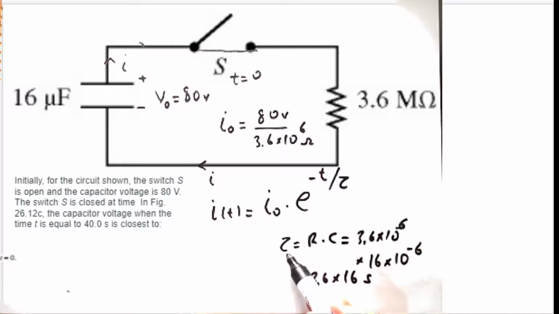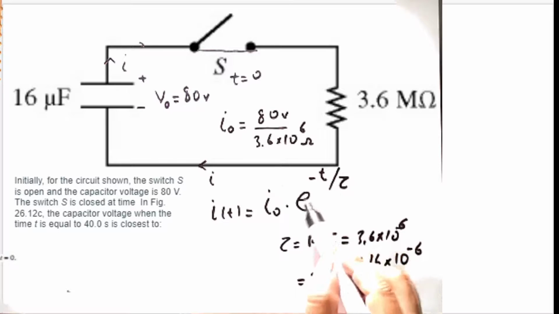The unit for the time constant is just seconds, because if you multiply ohm by farad, you get seconds. So this is your time constant, tau, and it is going to be put in this equation.